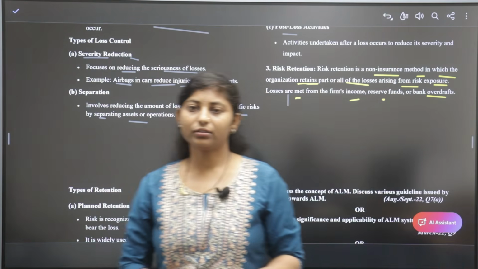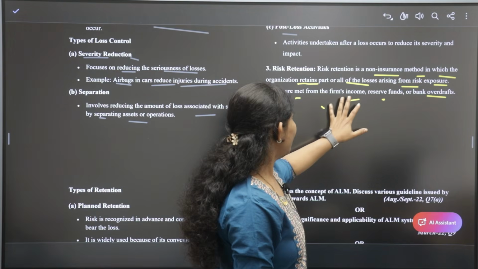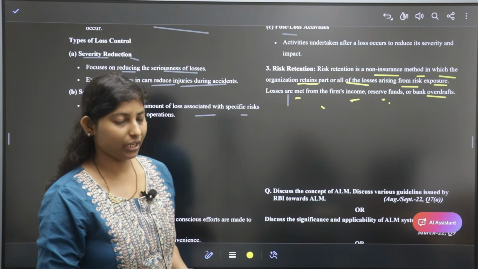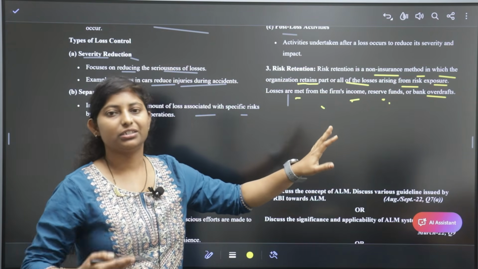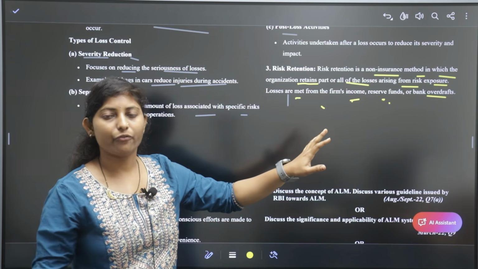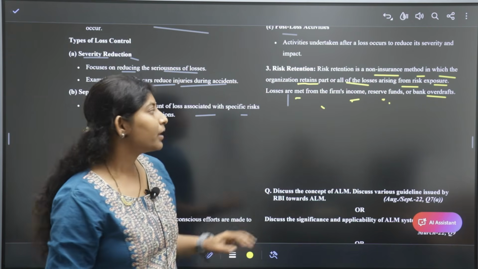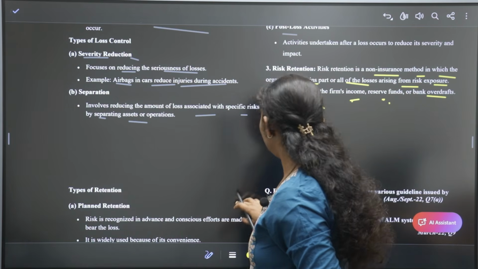So all the losses are covered with the help of our incomes, reserve funds and bank overdrafts. The insurance company is not going to help you here. You yourself, from your company's profits and incomes, need to cover the losses. We call this risk retention, the opposite of insurance.